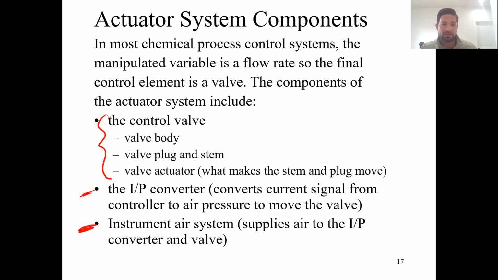A control valve consists of a valve body, a plug and stem, and the actuator is what makes it move, which is going to be springs and air pressure. We don't necessarily mess with a lot of these things. It's important for us to understand what size valve body we want, and what the shape of the plug and stem is, because these allow us to achieve a specific range of flow based on how a system is set up and working.